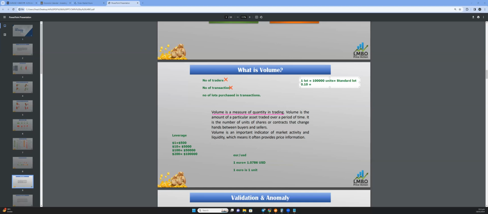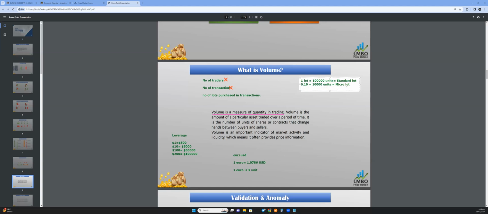A 0.1 lot has 10,000 units, and this is called a mini lot. The complete one lot is a standard lot. Less than one lot is a smaller lot.